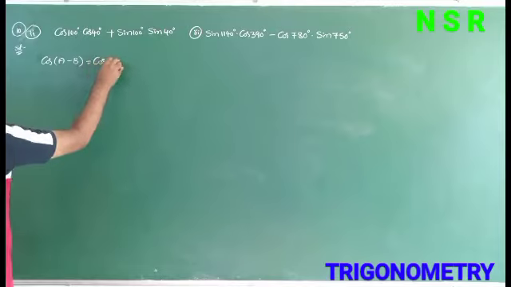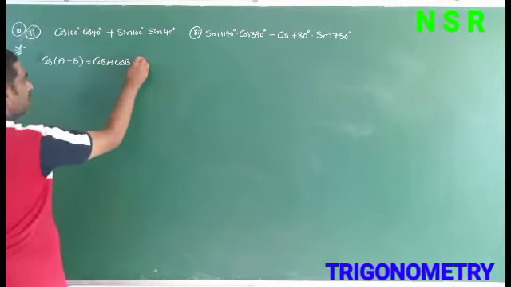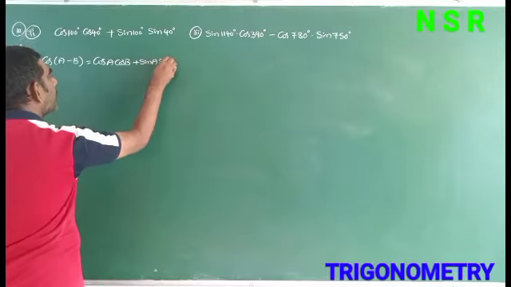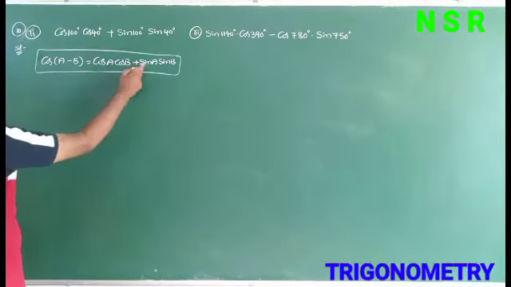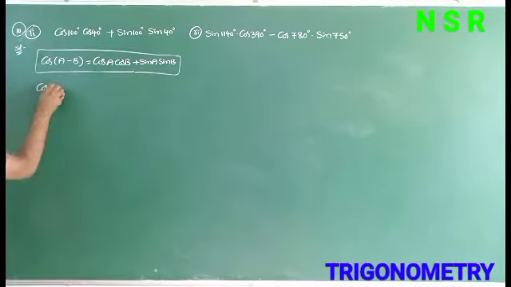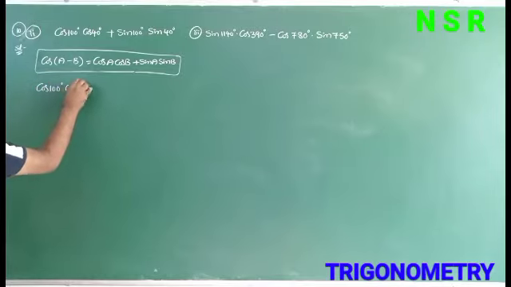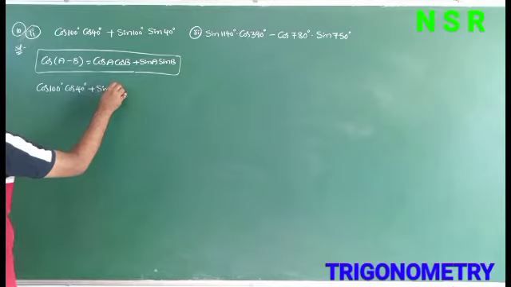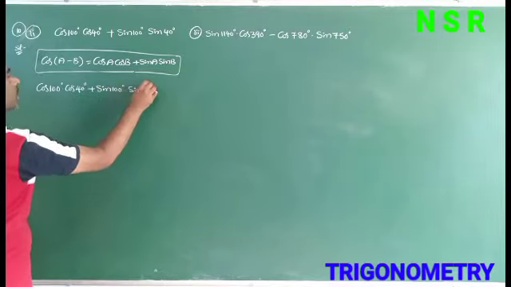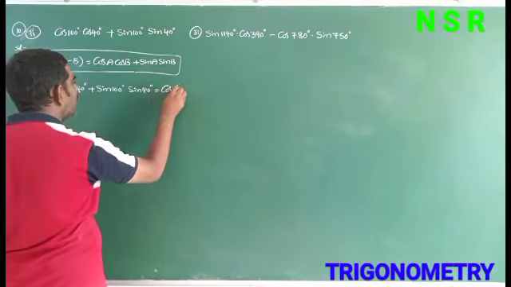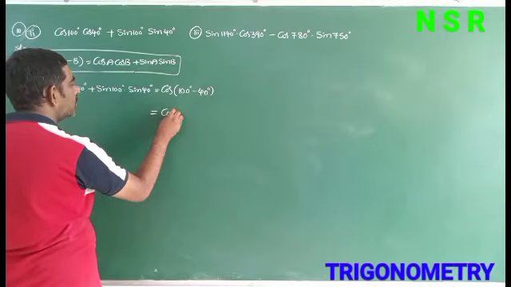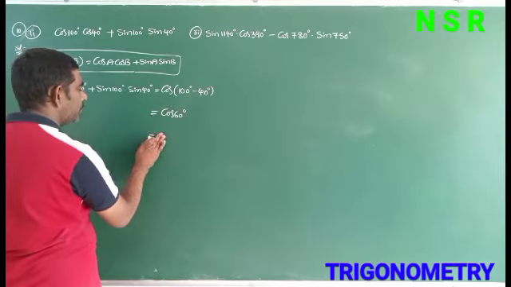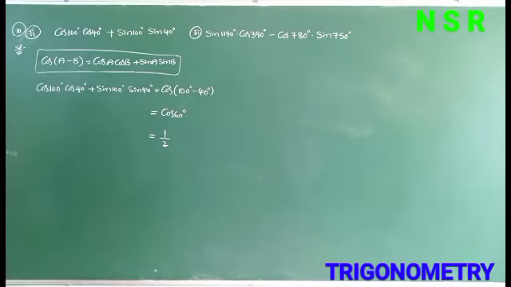So cos(A minus B) equals cos A cos B plus sin A sin B. This is the formula, and our question is also in the form cos A cos B plus sin A sin B. So cos 100 into cos 40 plus sin 100 into sin 40 can be written as cos of 100 minus 40. Cos of 100 minus 40 is cos 60, and cos 60 value is 1 by 2. So the value is 1 by 2.